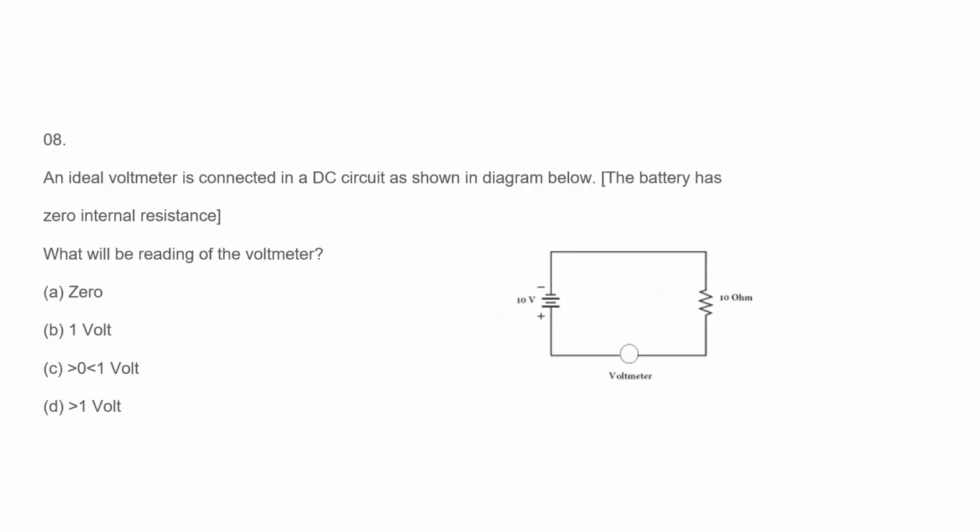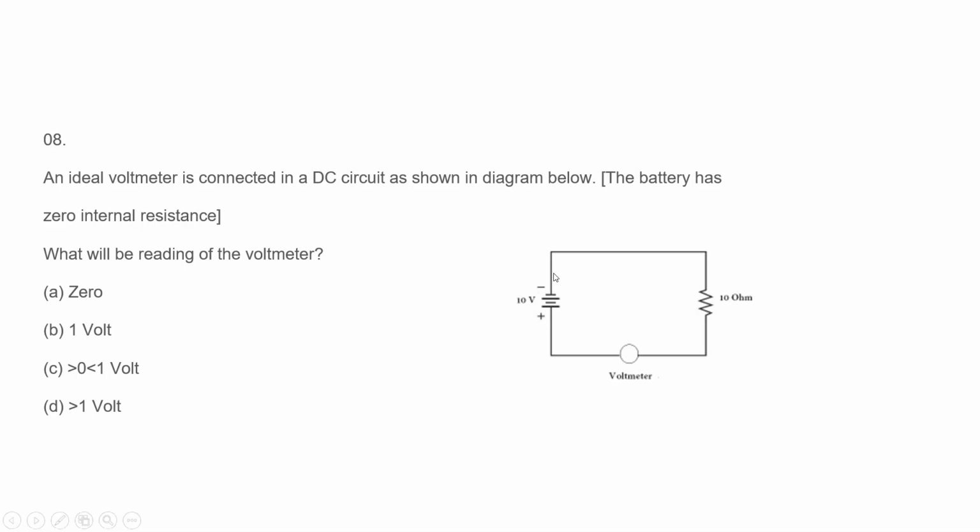The next question here is, okay, so this next question, let's see what it is. An ideal voltmeter is connected in a DC circuit as shown in the diagram below. So voltmeter, we usually know voltmeter is connected in parallel to the thing across which we want to know the voltage difference.